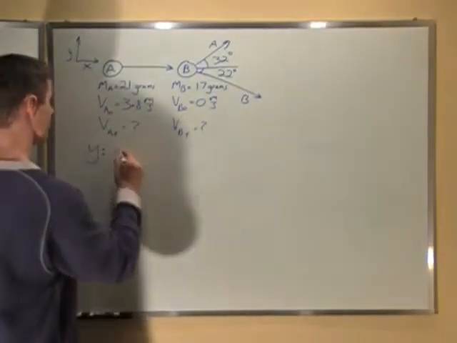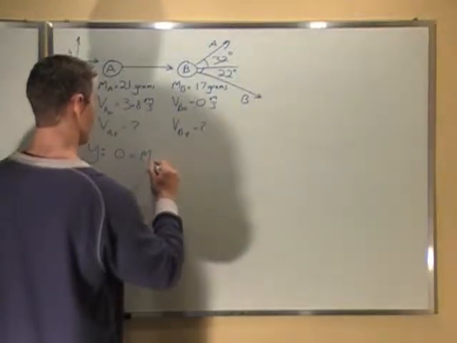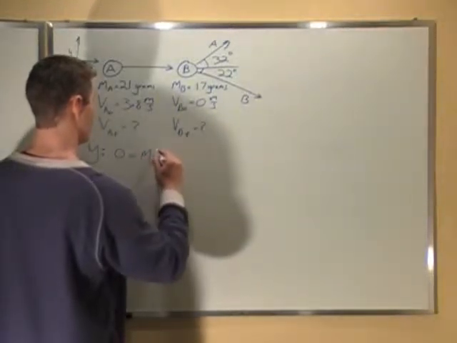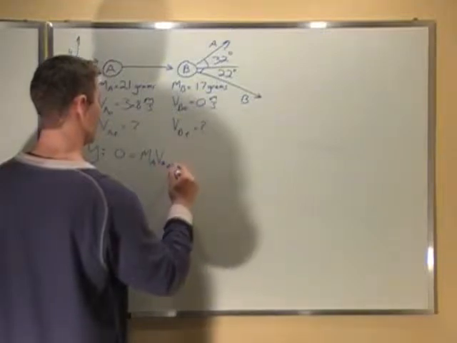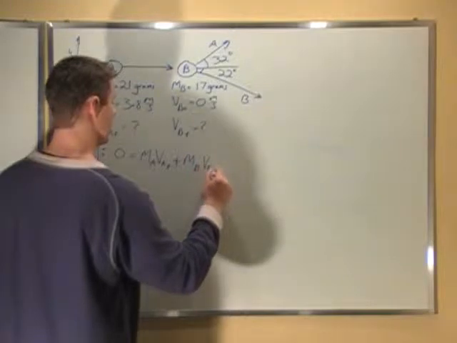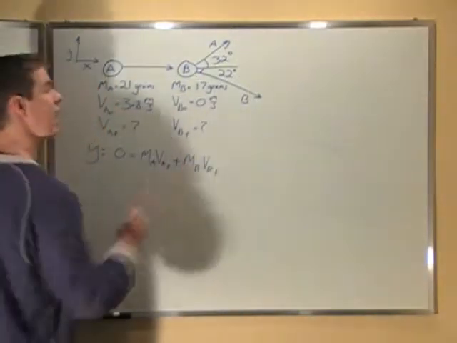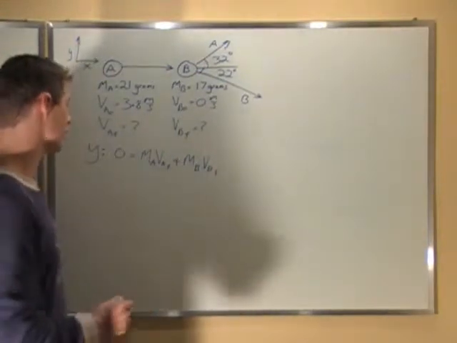So we can just say 0 equals, now final momentum is mass of A, velocity of A final, plus mass of B, velocity of B final. And these velocities have to be in the y direction, since we're doing this for the y direction right now.